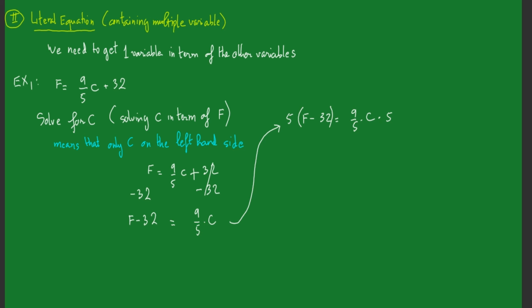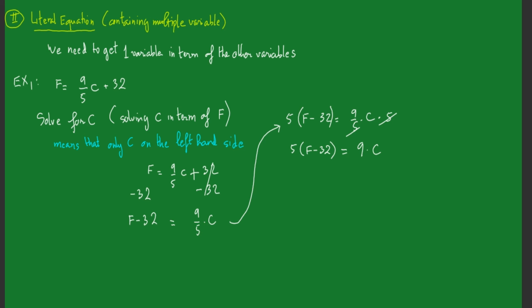So right now what you have left is 5 times f minus 32, equal, 5 and 5 cancel, so you have 9 times c.